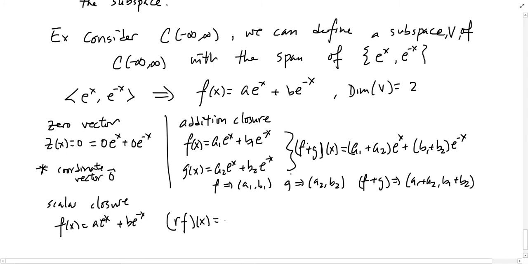Well, that just equals ra e to the x plus rb e to negative x. So once again, the idea is that f would have the vector a, b, then rf would have the vector ra and rb. There you go.